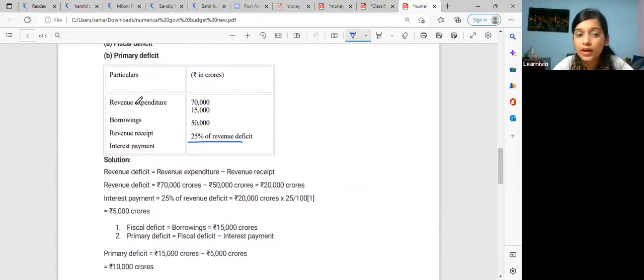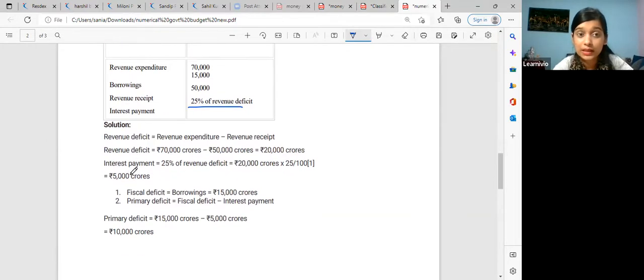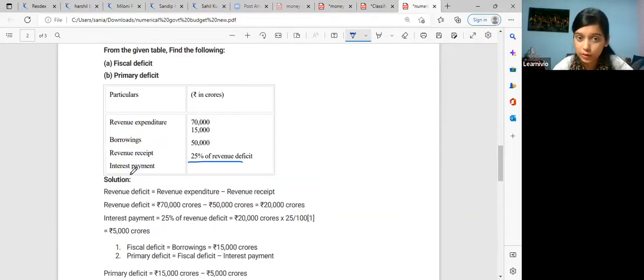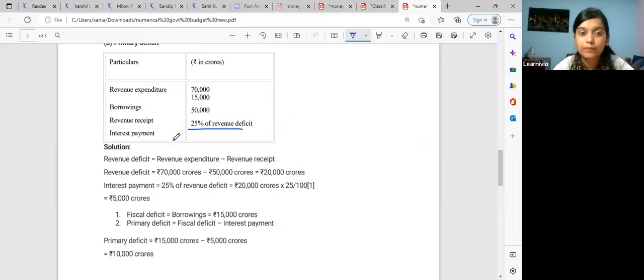But over here, just remember one thing: you won't get straightforward questions every time. Revenue deficit is basically revenue expenditure minus revenue receipts. Why do you need this? Because when solving the questions, you will need it. So first of all, you took out the revenue deficit, and the answer was here.